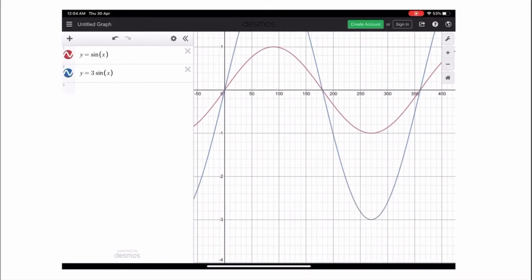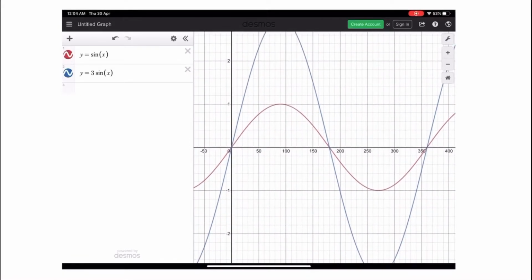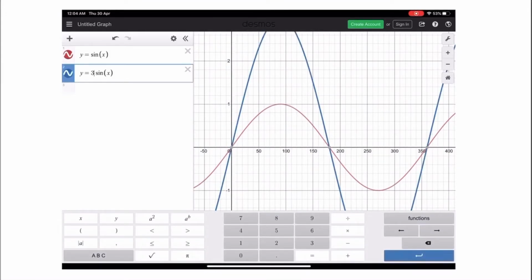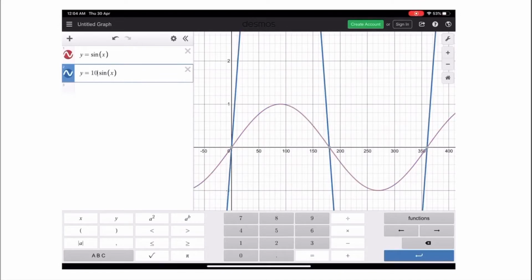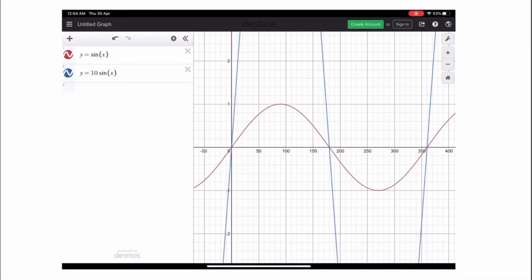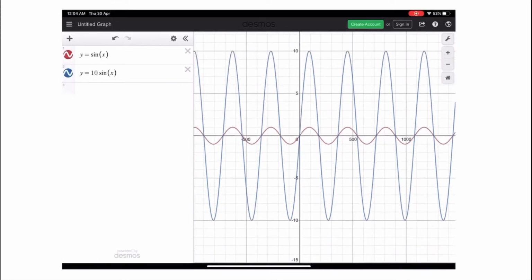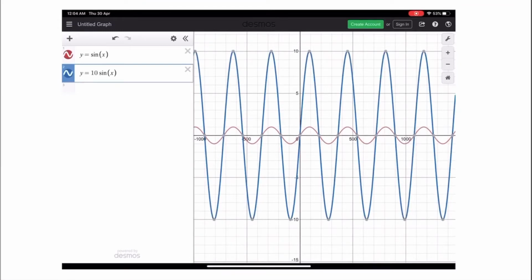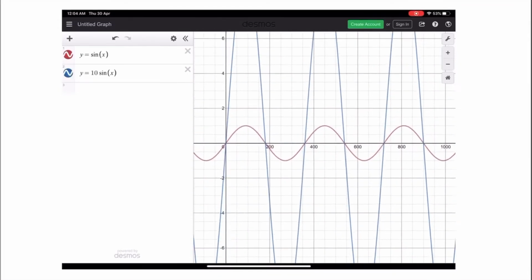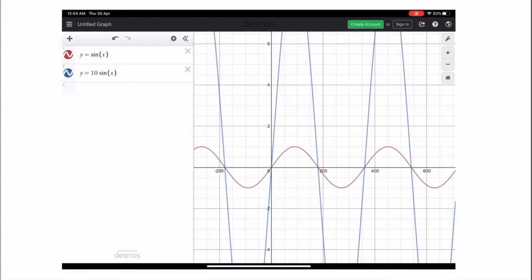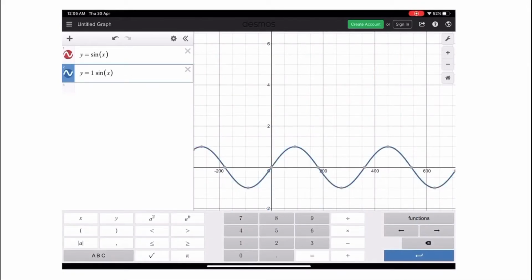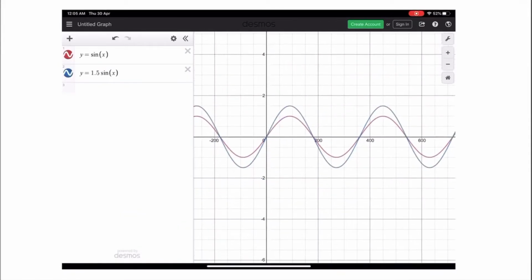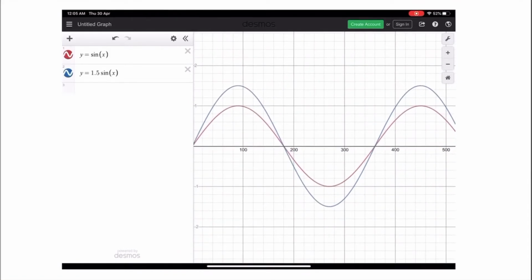It becomes stretched in the vertical direction. Even a bigger number, 10 sine x. What happens? It becomes 1.5.